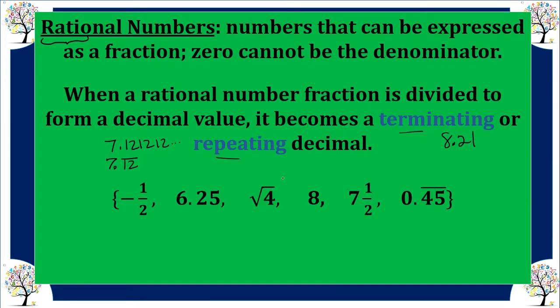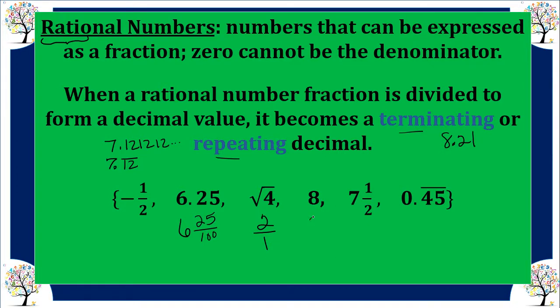So here's a set of numbers that are all rational, and I'm going to go through and explain why. -1/2 is rational because it's written as a ratio. 6 and 2500ths can be converted into a ratio, a fraction, showing that it is rational. A perfect square, if we take the root of a perfect square, we get a whole number, and obviously we can place it over 1, showing how it is rational.